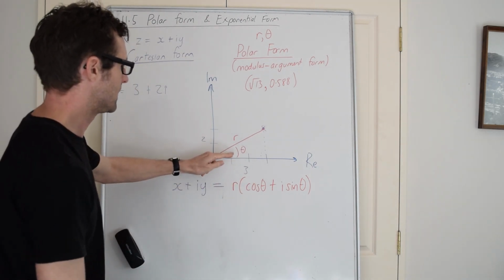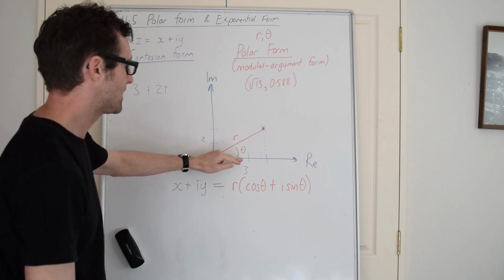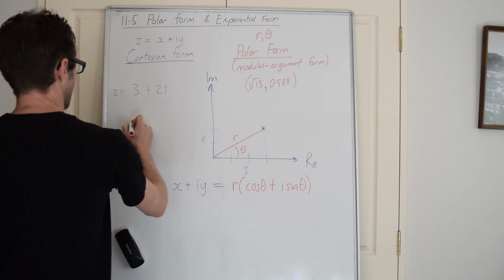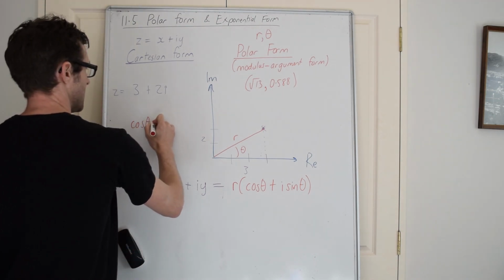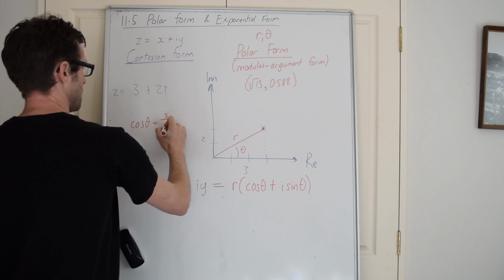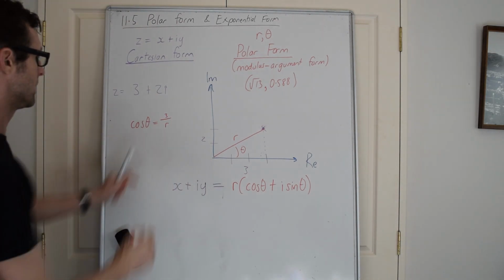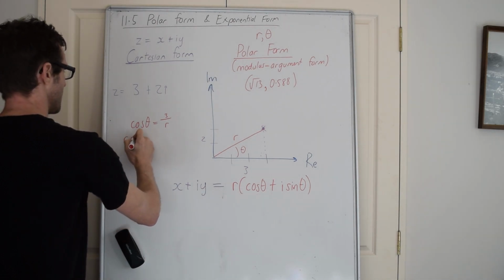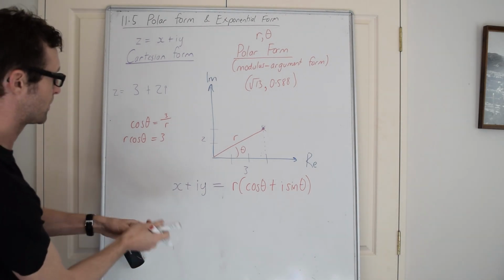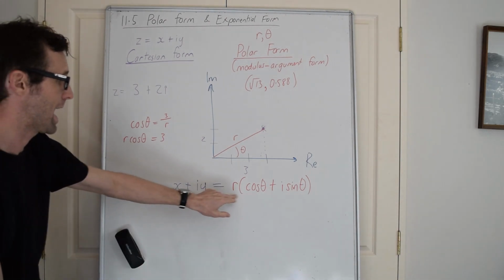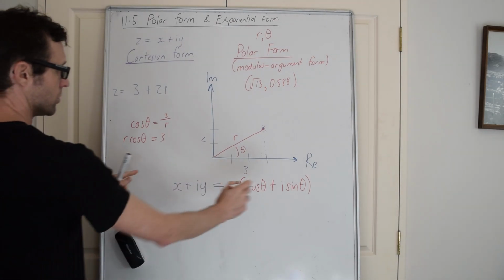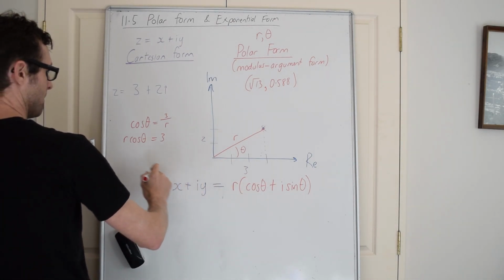Cosine theta is adjacent over hypotenuse. So, cosine theta equals adjacent, which is 3, over hypotenuse, which is r. You can rearrange that, and r cosine theta would therefore be equal to 3, which is precisely what x is. So r cosine theta is x, and using the same logic, we could do the same for i sine theta.